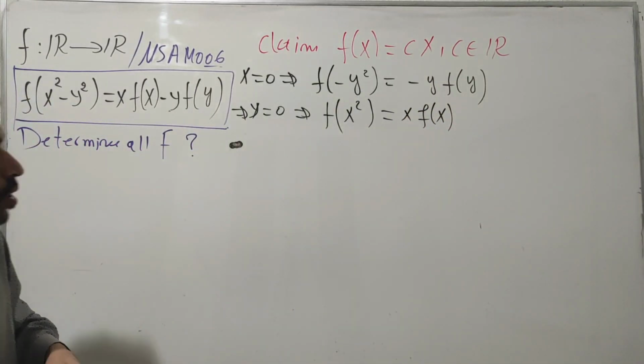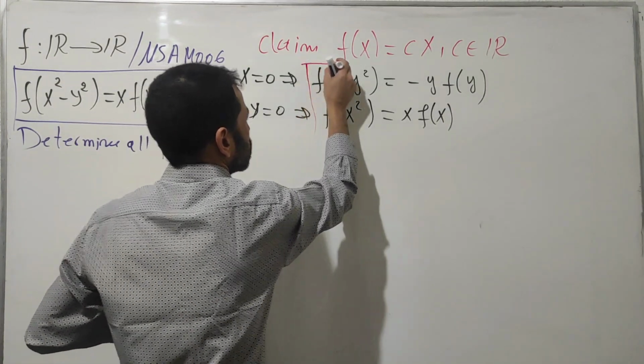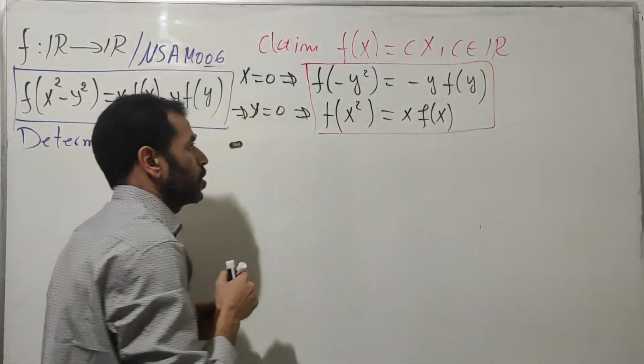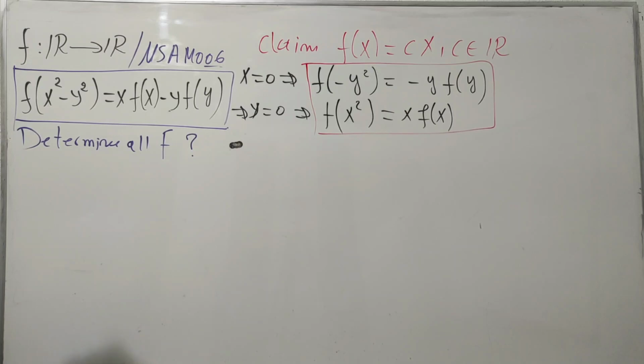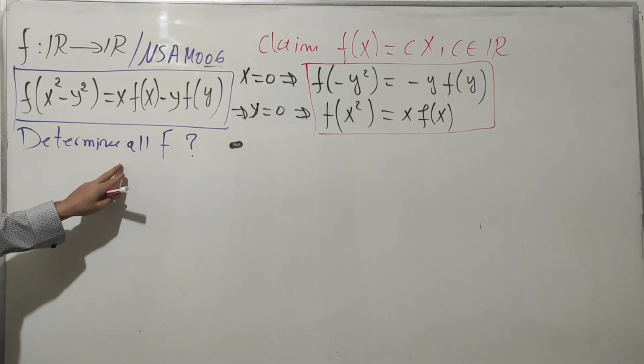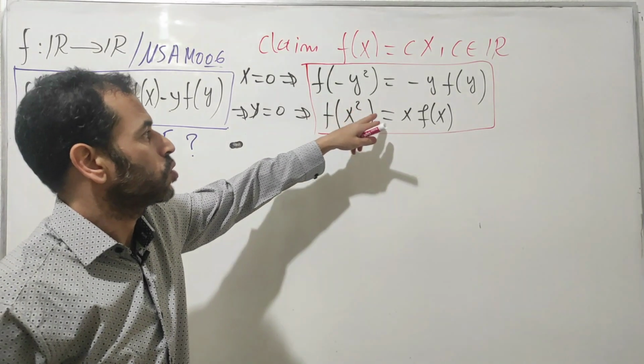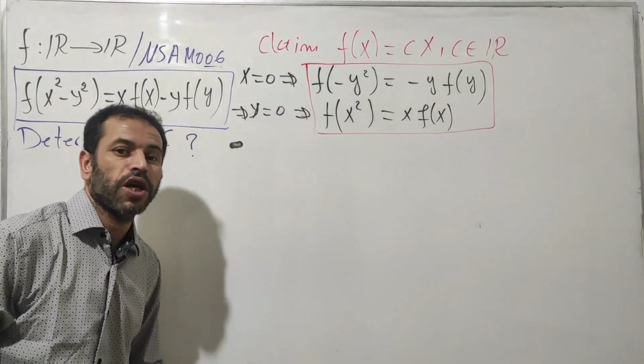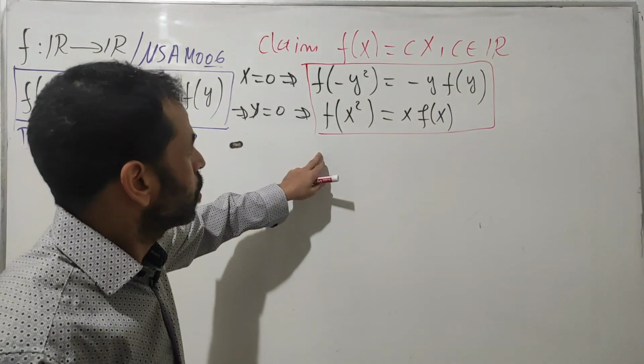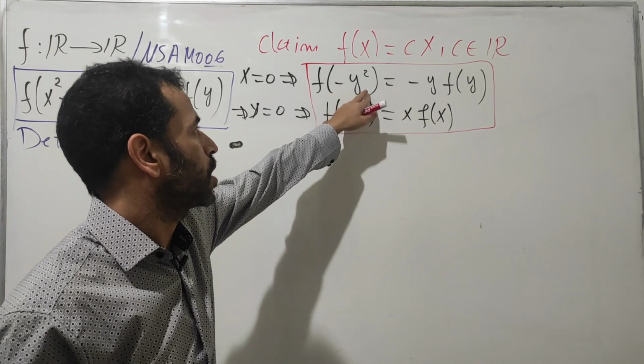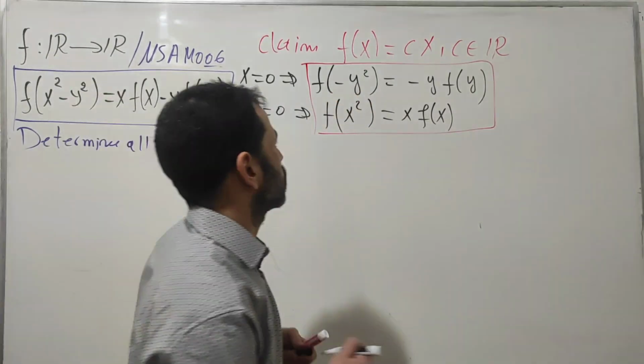Now let's save these two pieces of information and use them in the next step. I'm going to combine these two expressions and extract a new expression. Let's replace y with x in the first equation.